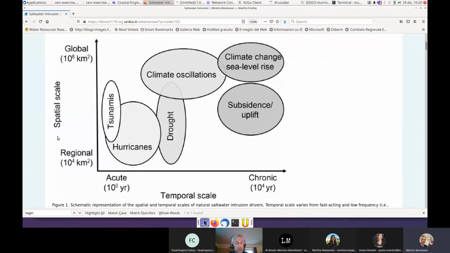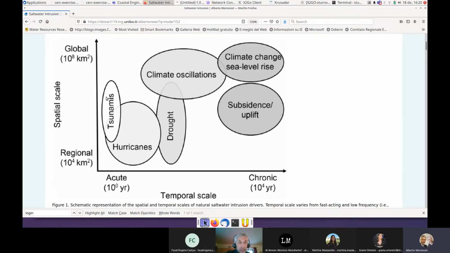So the spatial scale varies from regional to global, and the temporal scale ranges from 1 year to 10,000 years. And you see the natural drivers independent of their scale.